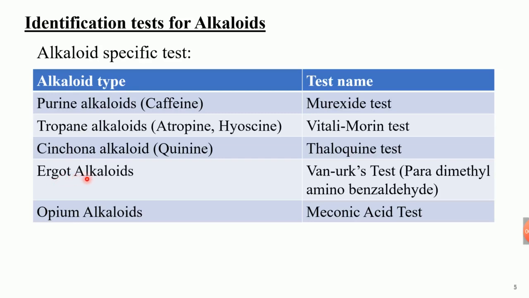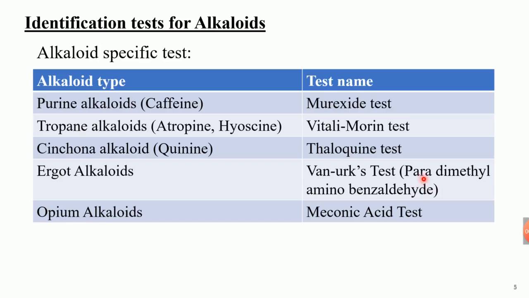Next class is ergot alkaloid. For ergot alkaloid like ergotamine, Van Urk test is used for identification. The reagent used in Van Urk test is para-dimethylaminobenzaldehyde. Here dimethyl, not diethyl, and here benzaldehyde, but not benzoic acid.